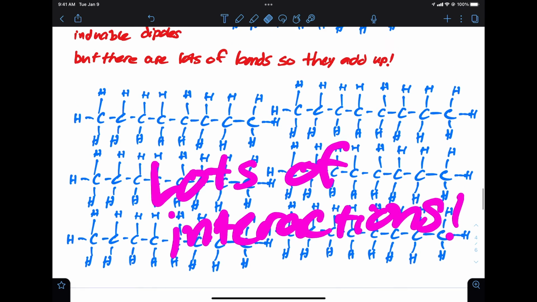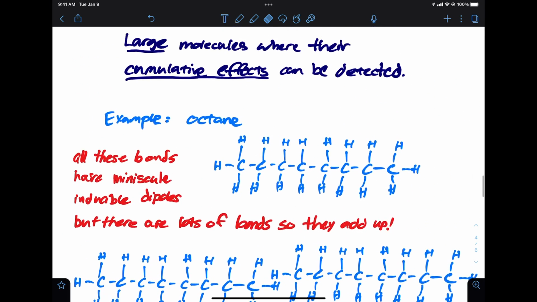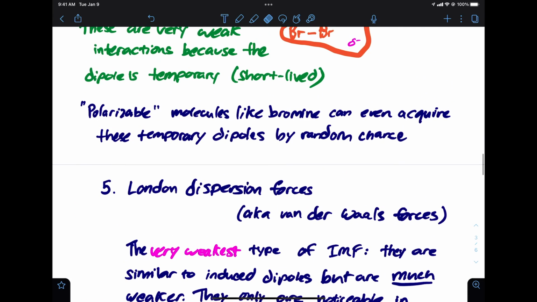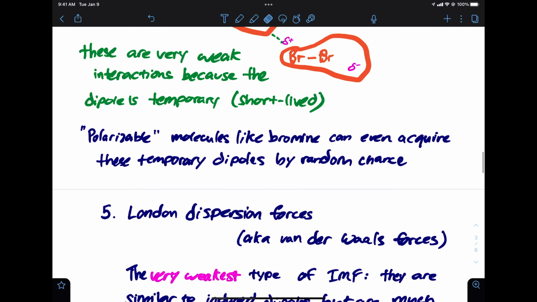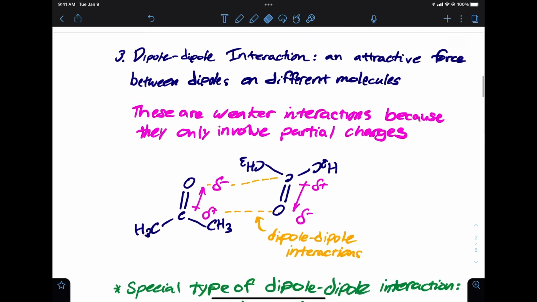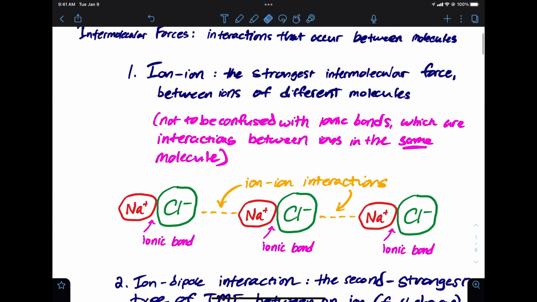So that's it. That is the list of the most common types of intermolecular forces. I guess we have 6 if you want to think about hydrogen bonding as being a separate type. Just to review, we had ion-ion, okay, the strongest type between 2 full charges, full +1 and a full -1.